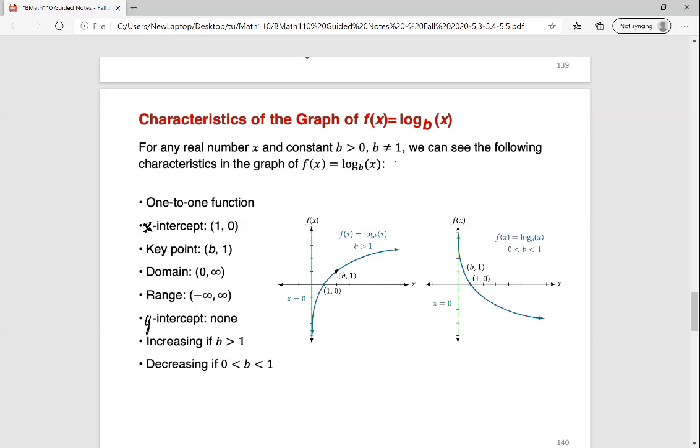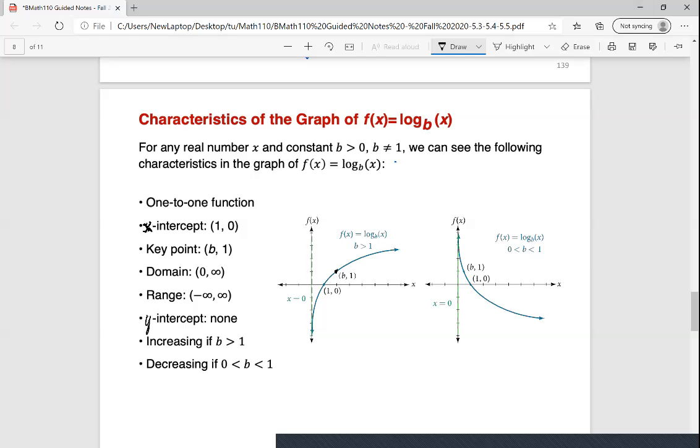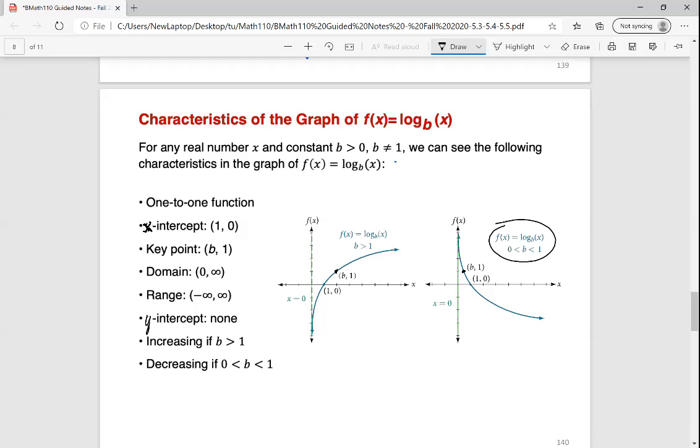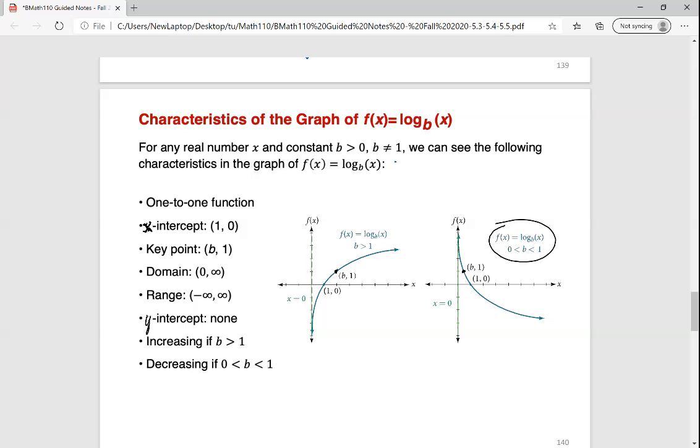So this is a graph for base b from 0 to 1. It goes through the point (b, 1) and through the x-intercept (1, 0), and it's decreasing, and you can see that.